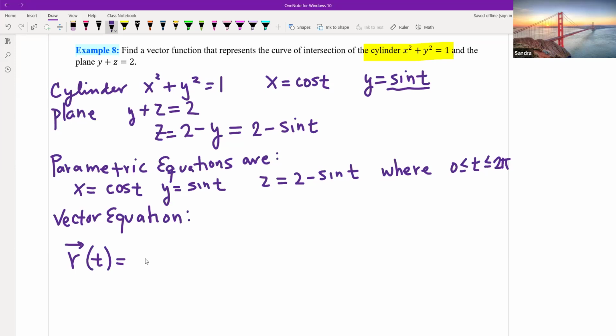So I'm going to use i's in this case, so x is cosine t i, plus y is sine t j, plus 2 minus sine t k.